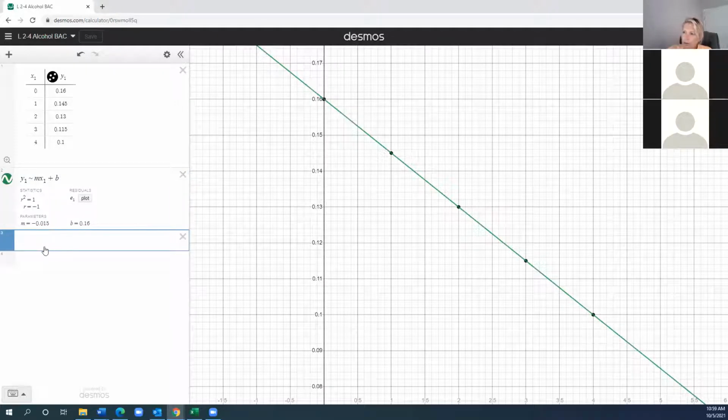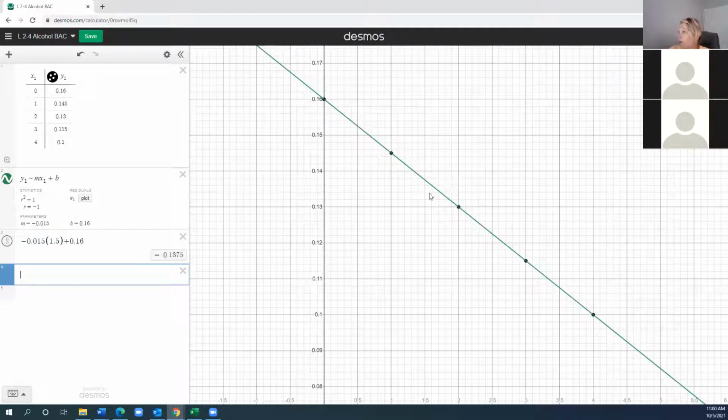I'm going to show you another way that's easier. If you just go to another line in Desmos, you could just type it: your slope, negative 0.015, times 1.5 for the 1.5 hours, plus your y-intercept, 0.16.